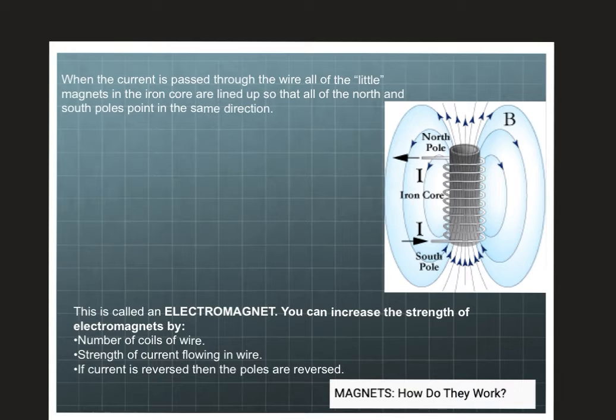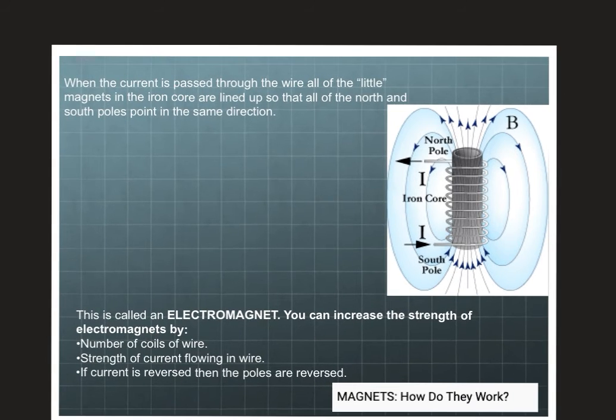So if I have electricity running through this particular wire here, and I wrap it in a coil, what I'll actually make is a magnetic field. And that magnetic field will again run through. So this is called an electromagnet, and it's a super important concept.